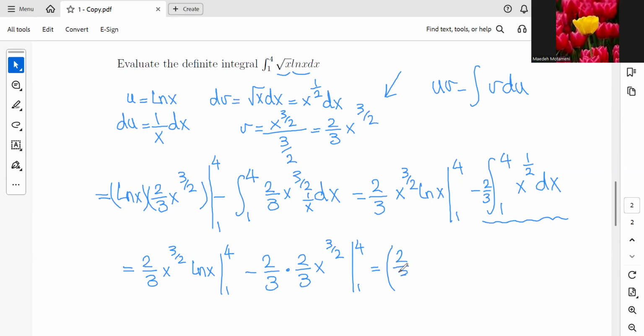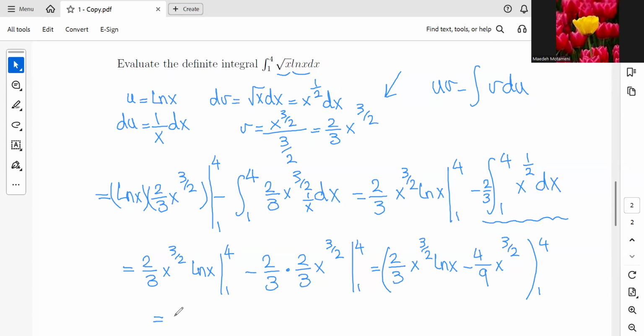I would like to combine them. So 2 over 3 x to the power 3 over 2 ln of x minus 4 over 9 x to the power 3 over 2, all from 1 to 4.